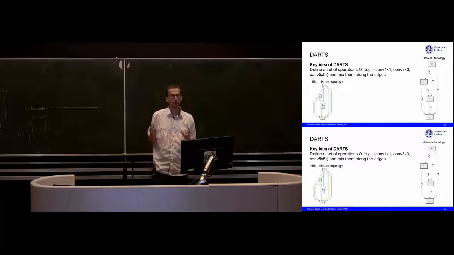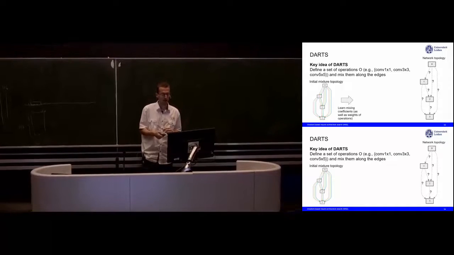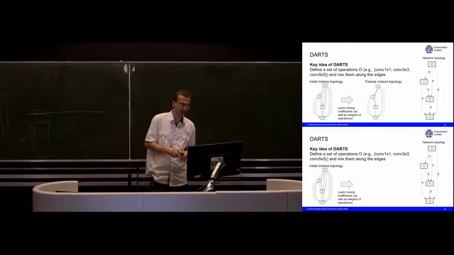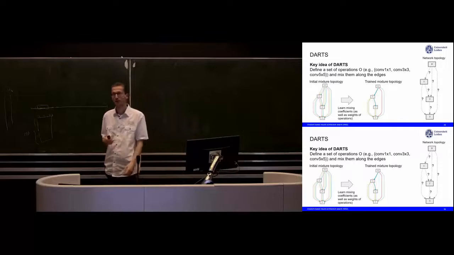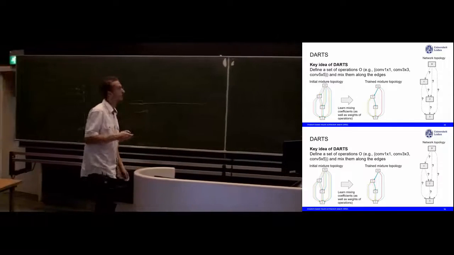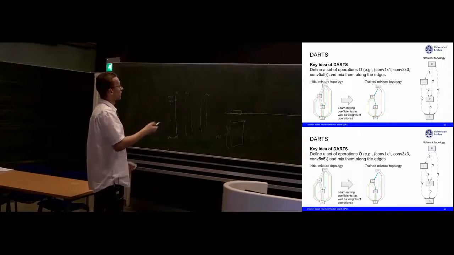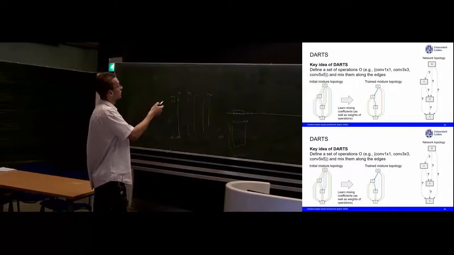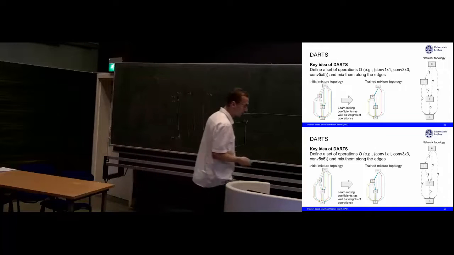You can interpret them as the probability of using a given operation. By applying DARTS, we learn these mixing coefficients, as well as the weights of the operations, and then we may end up with a trained mixture topology, which looks something like this. The bolder lines, in this example, receive the largest strength, which means that these operations were found to be very important by DARTS, whereas the thinner lines or arrows were found to be less important and receive less weight by DARTS.